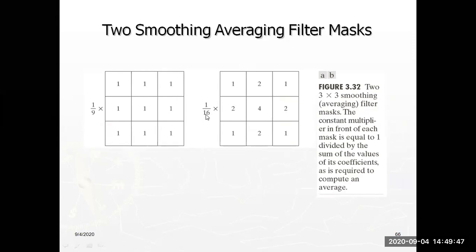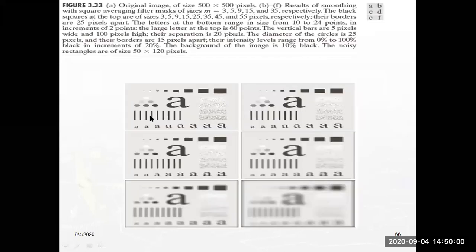We can change them, but the denominator changes depending on your values, because the sum changes. So there are two smoothing or averaging masks. If you operate these two or any one, then the images will change based on your pixel values and coefficients. The blurring operation also changes like this.